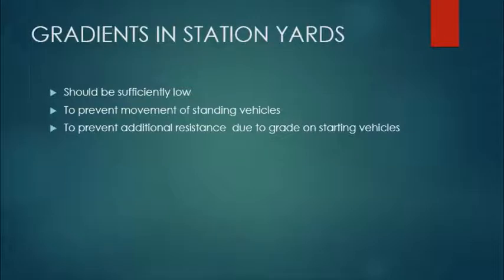On Indian Railways, for all gauges, the maximum grade provided or permitted in the station yards is 1 in 400, while the minimum gradient is 1 in 1000. So the minimum gradient provided is 1 in 1000 and the maximum gradient provided is 1 in 400. And these gradients are recommended from the drainage point of view.